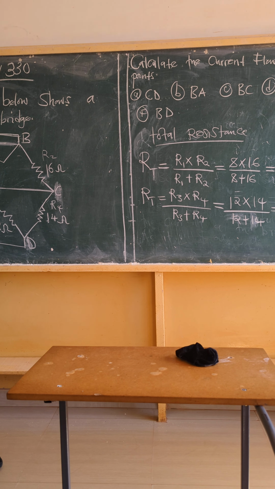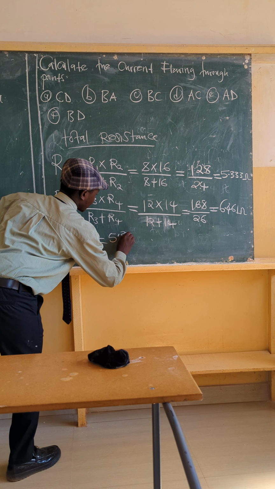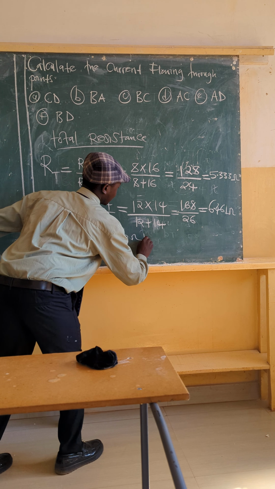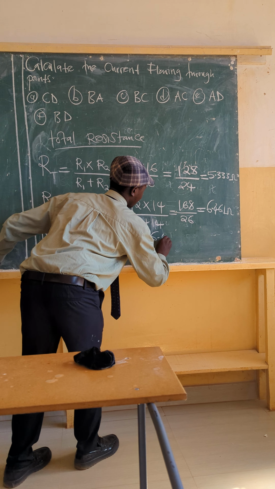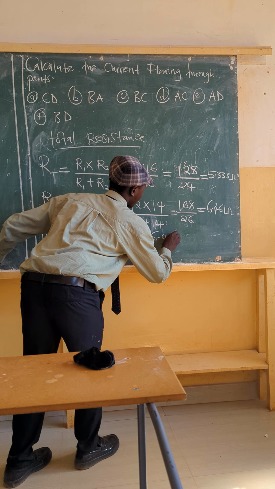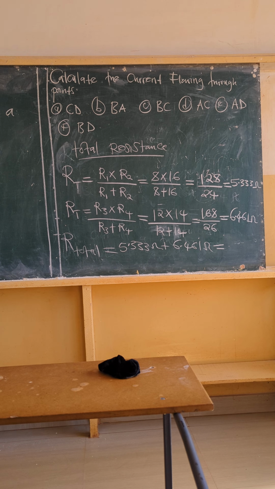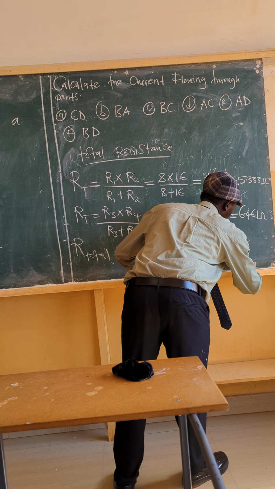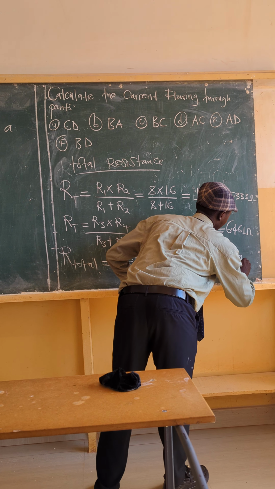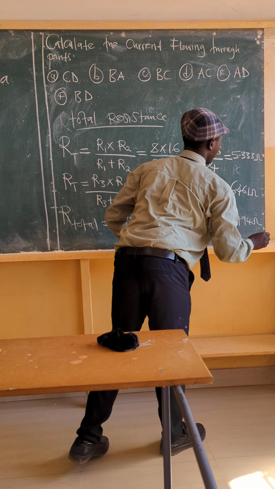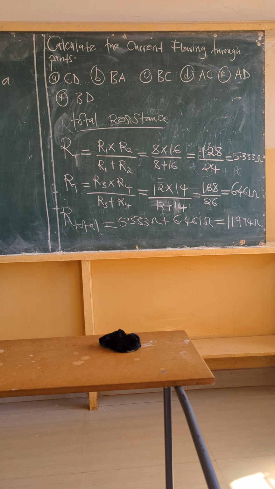We are going to add this and also that. So resistance total equals 5.33 ohms plus 6.461 ohms. When we add this, we are getting 11.794 ohms. So this becomes our total resistance.